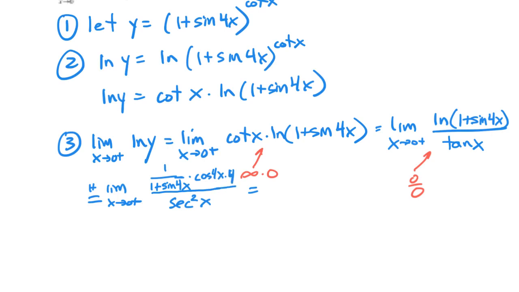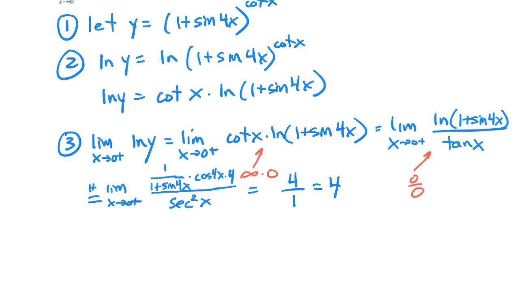So on the top, we get 4. And the bottom, well, think about this. Secant squared is 1 over cosine squared. And cosine of 0 is 1. So this is going to end up being 4 over 1, which is just 4.